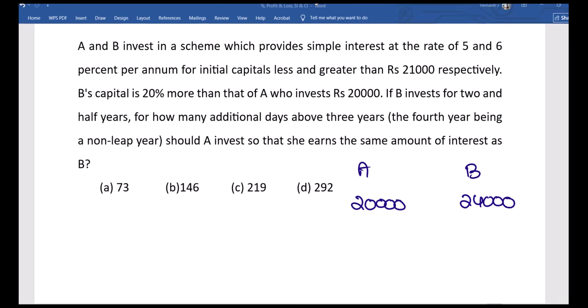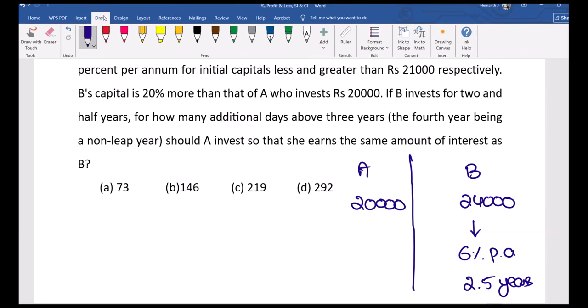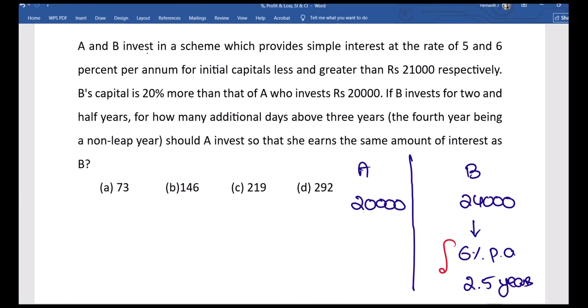Now B is investing at 6% per annum for 2.5 years, which altogether means 15%.